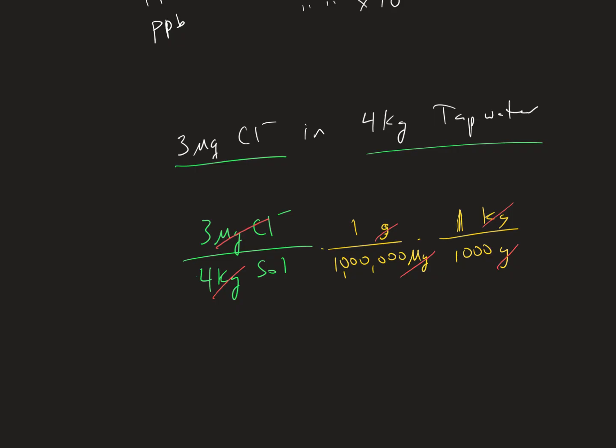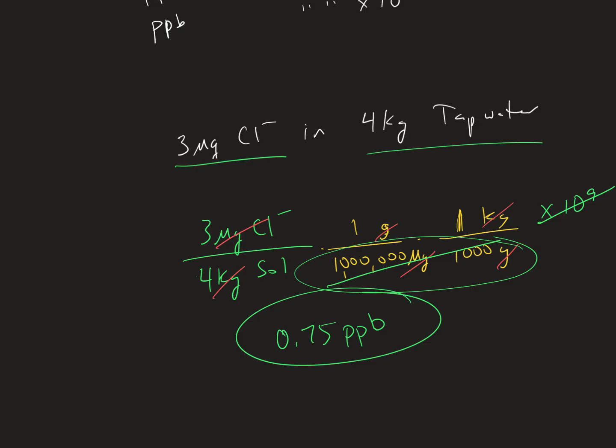What do we have on bottom? 1 million. Sorry, 1 billion. We have 9 zeros on the bottom. So it's going to be times 10 to the 9 power. Those go away. It doesn't always work that way. But on the test, I'm going to tell you what you're going to look for. So 3 divided by 4 is 0.75 parts per billion.